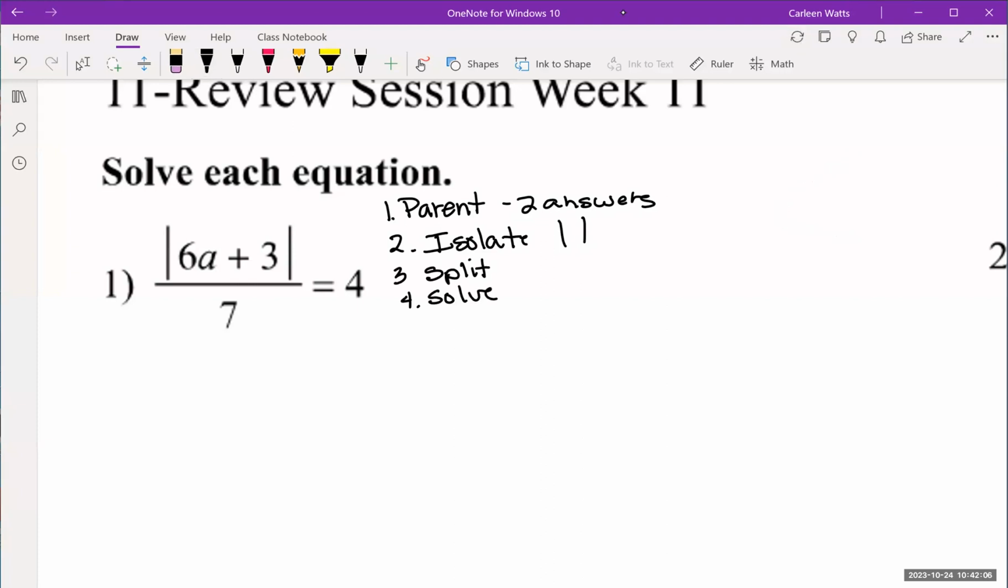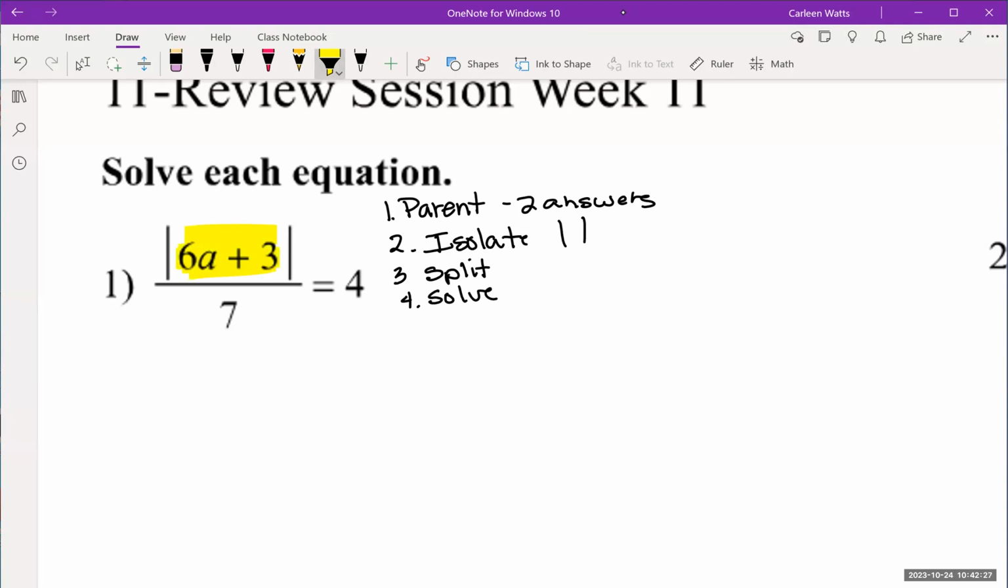Now, some of you are going to split it at the beginning, and that will work some of the time. But if you want it to work all the time, we're going to isolate the absolute value, then we're going to split, and then we're going to solve. So this is hooked in together. We're going to split it later.